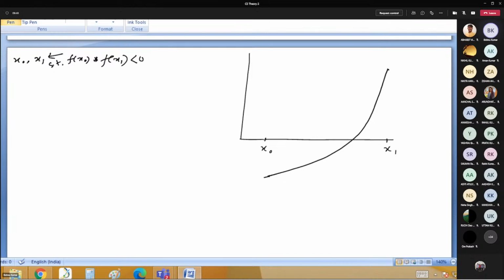Now what we are doing here: at this point I am trying to draw a vertical line where it will touch the graph, and from x1 also where it will touch the graph. In these 2 points, I am trying to draw a joining chord.